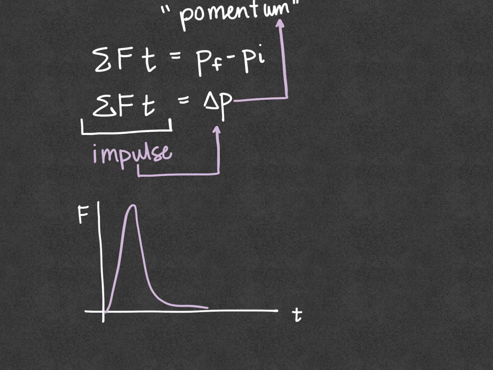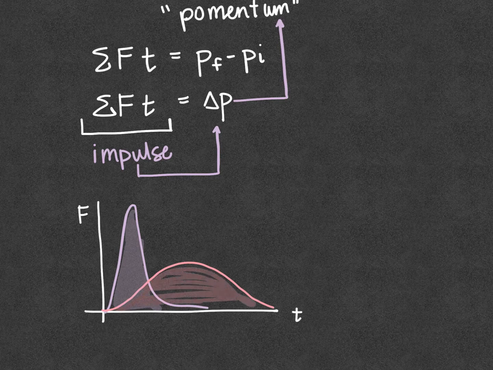The egg thrown at the sheet had a long time to stop. And so the force-time graphs look different. Mathematically, the area under this purple curve would have to be equal to this pink area.